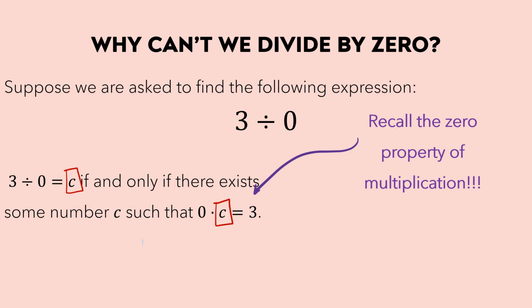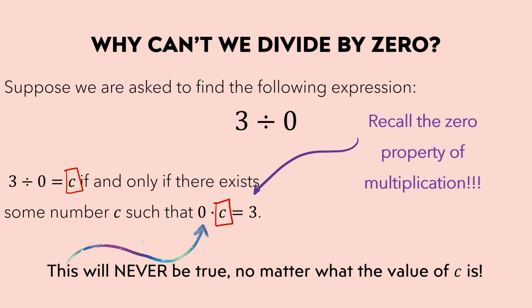So this will never be true, no matter what the value of C is, no matter what we put in that box. There's nothing that would ever make that equation true. So since there's nothing that makes that equation true, that tells us that this expression, 3 divided by 0, is undefined.